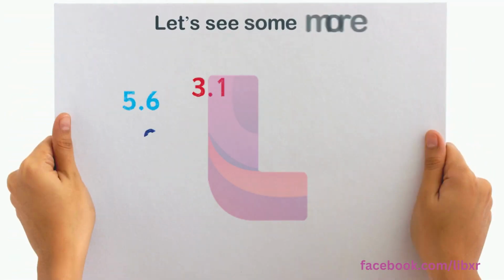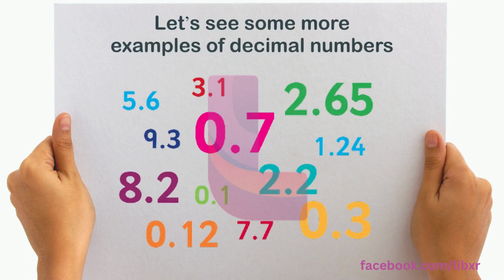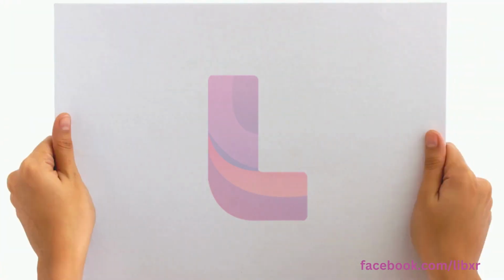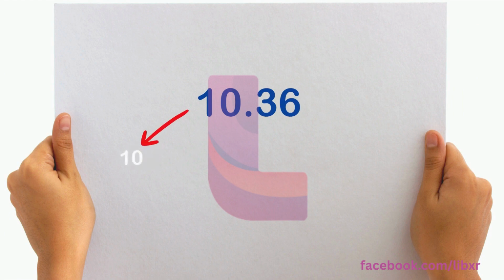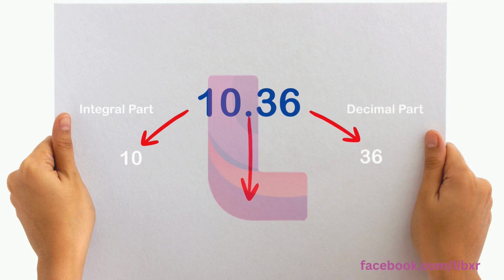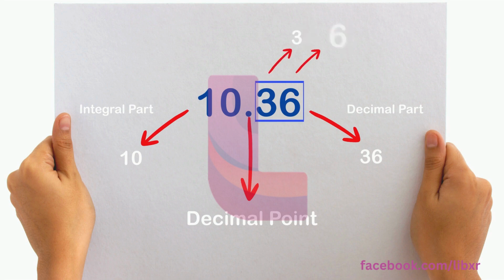Let's see some more examples of decimal numbers. In number 10.36, 10 is the whole integral part and 36 is the decimal part. The point between these parts is the decimal point, and there are two decimal places in it, that is 3 and 6.